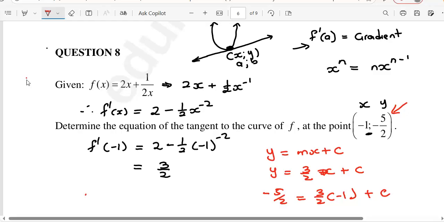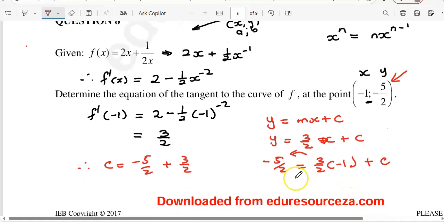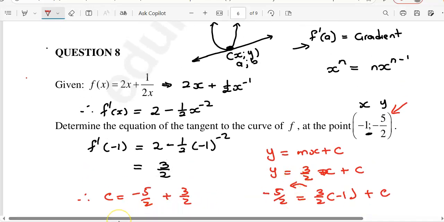When you solve for c, therefore c will be what? Remember, the 3 over 2 will be negative because we are multiplying it by a negative number. So this will be minus 5 over 2, and it will come to the other side to be positive 3 over 2. You need to add those two, and tell me what you get.